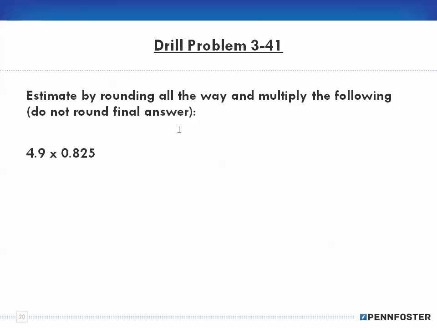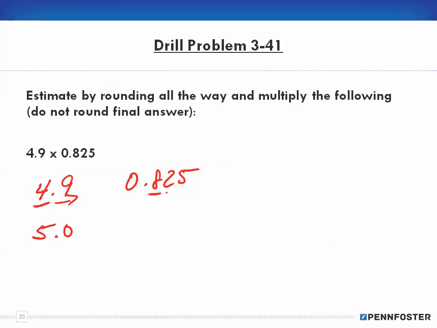Next, estimate by rounding all the way and multiply the following. So again, 4.9. Start out with the 4, look to the right, it's a 9, greater than 5, so I'm going to round up. So 4.9 becomes 5.0, or 5, and 0.825.